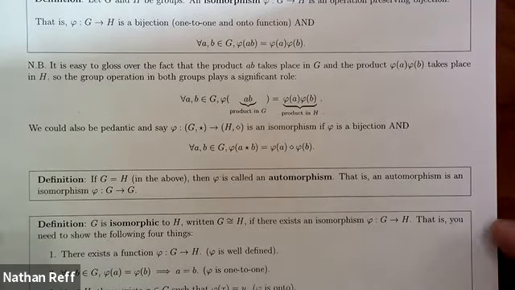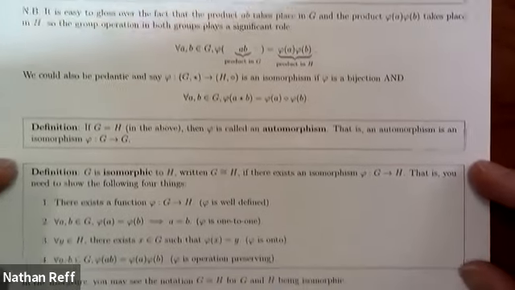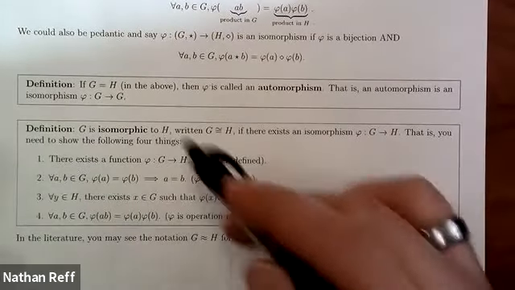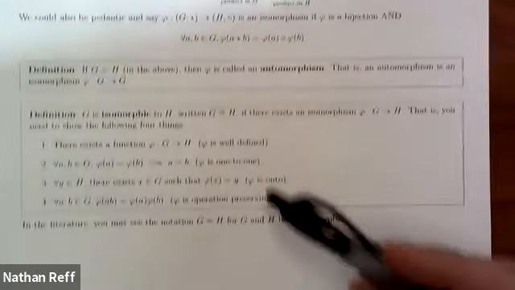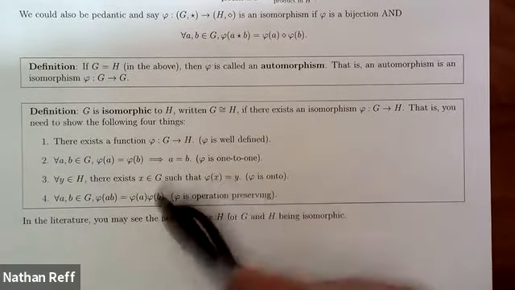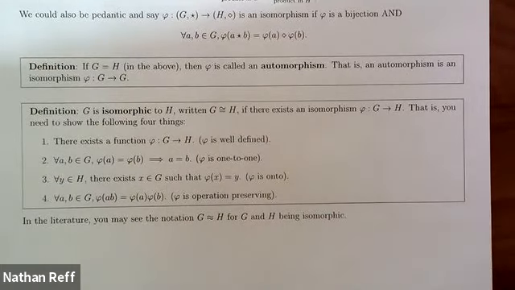Okay, so I think a better version of the definition is this one here, because if you start to think of this definition in its individual pieces, then this will allow us to have a template for proving whether or not you have an isomorphism of groups.